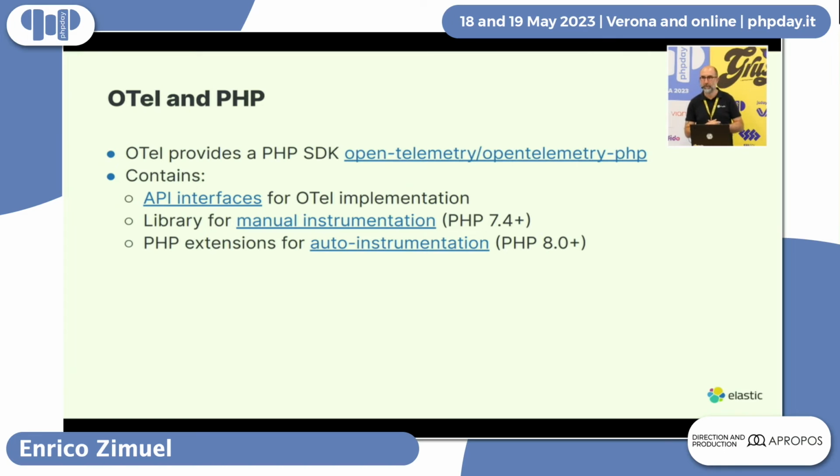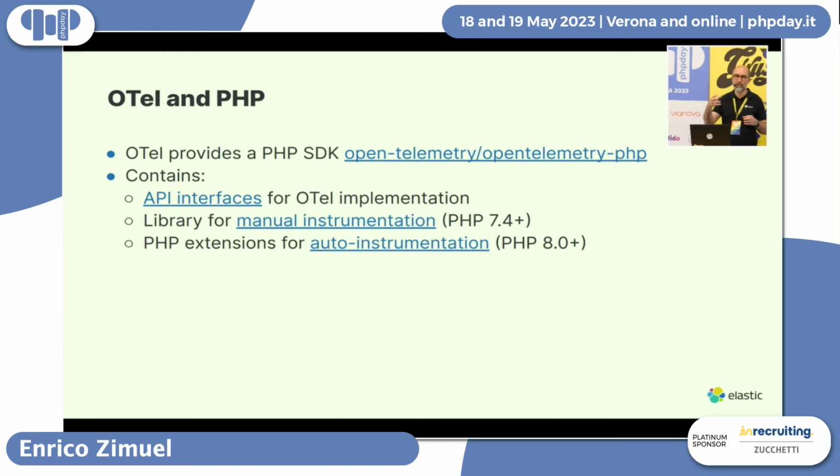We have also the auto instrumentation. That's very interesting. So instead of changing the code of your application, you are using a special extension that OpenTelemetry wrote for PHP that uses the Zend observer. This is a new API of PHP 8.0.